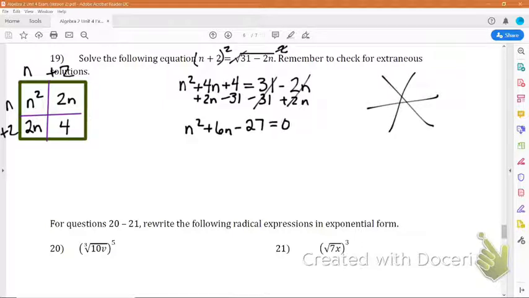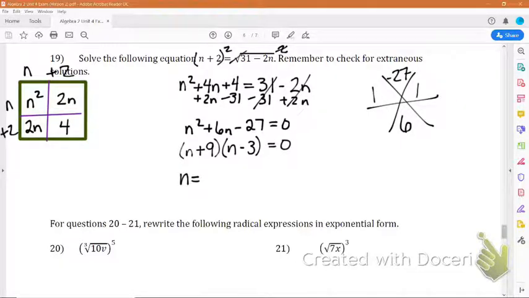In my asterisks, I need two numbers that multiply to give me negative 27, but add to give me 6. Yep, n plus 9 and n minus 3. Set them both equal to 0, and you get n equals negative 9, n equals positive 3.